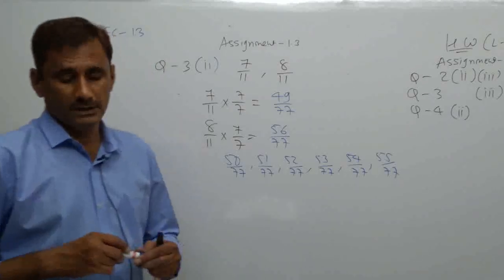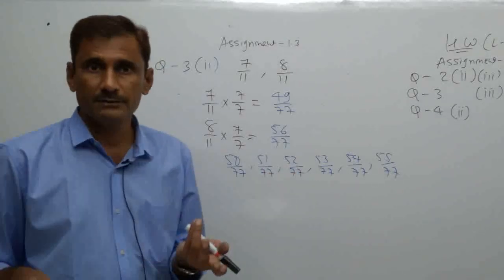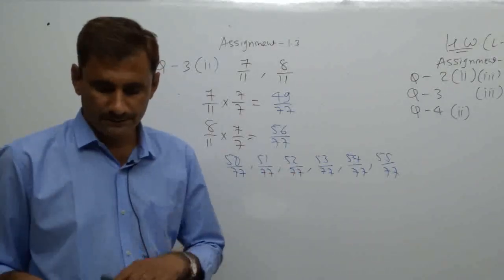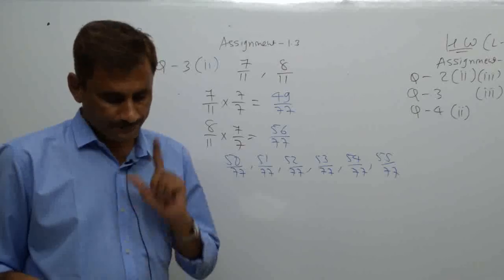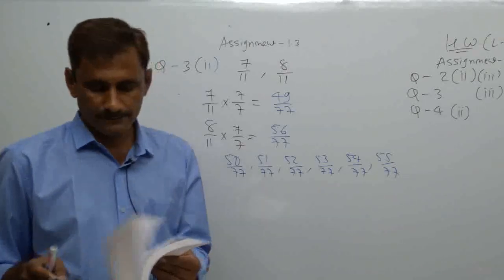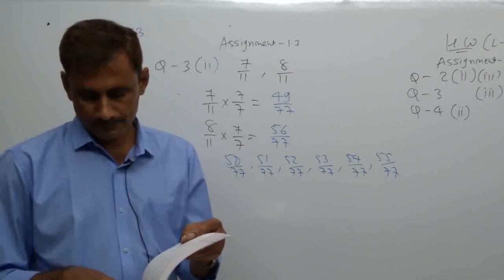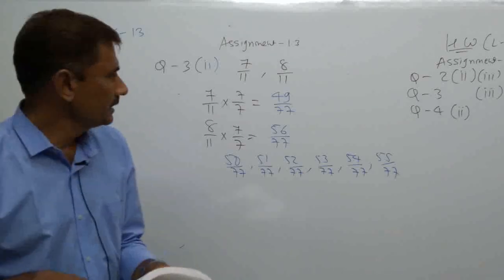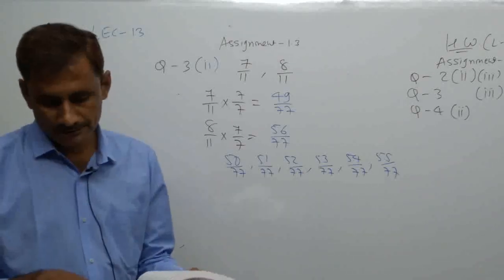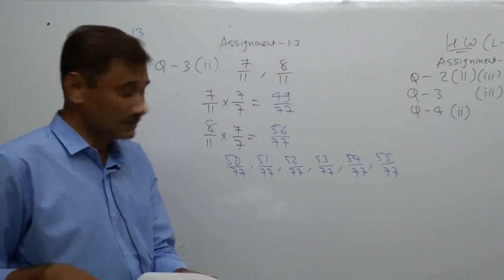The answer may or may not be the same type as the book's answer. Let me check it. This is 1.3, third, second. Obviously they have given a different answer. In third, second, they have given 71 upon 110, like that.